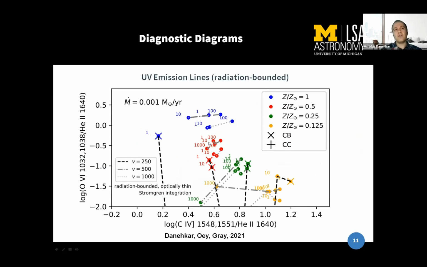Another important line is oxygen 6, because in one observation they observe oxygen 6 in nearby starburst regions. Here you see how the change of metallicity contributes to the formation of catastrophic cooling. You see a deviation from the typical pattern because of the strong radiative cooling. Models with catastrophic cooling don't follow the typical patterns.